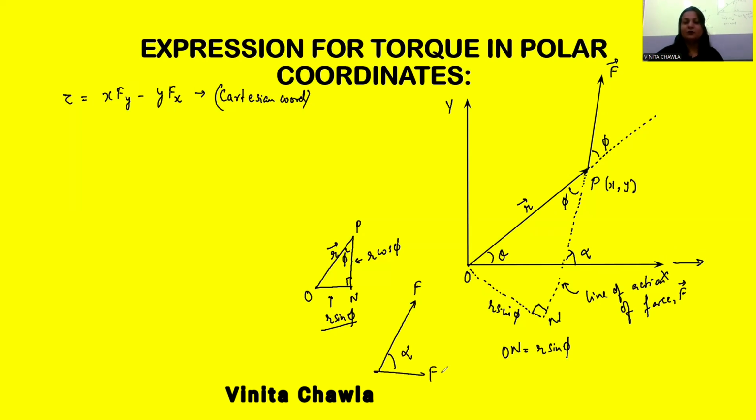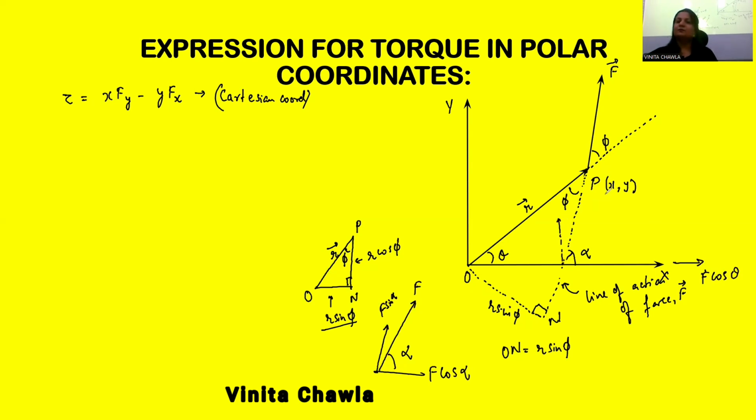So horizontal component of force is F cos alpha, and vertical component of force is F sin alpha. ठीक है? So this is the horizontal component of force. We can write F cos alpha here. And where is the vertical component? Vertical component of force यहाँ से भी ले सकते हो, इधर से. ठीक है? तो vertical component of force is this.